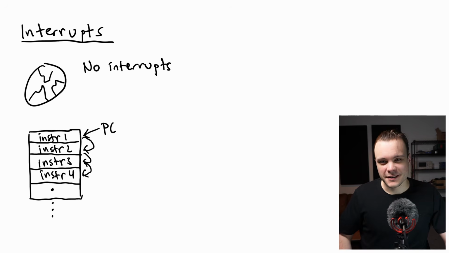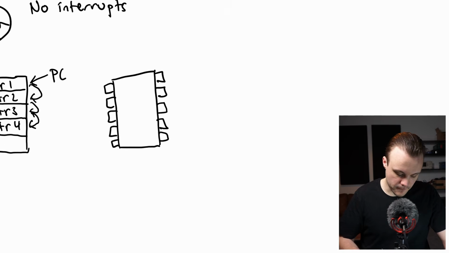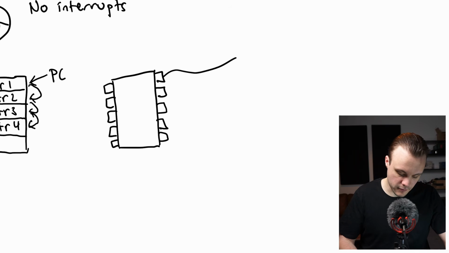But in practice this is normally never the case, because for the microcontroller to be useful, it's going to have to react to events that we can't fully predict when writing our code. So, for example, let's say we have our microcontroller and maybe it's connected to a button.